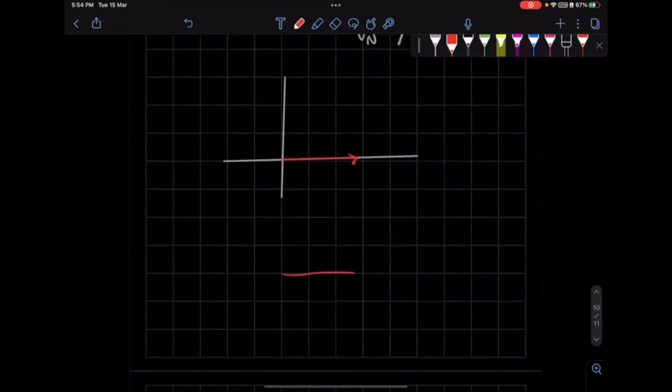But the vector remains like this, and suppose that this is my new reference frame, then its y component is negative, its x component remains positive. In both of these cases, the vector remains unchanged, but its components are changing.